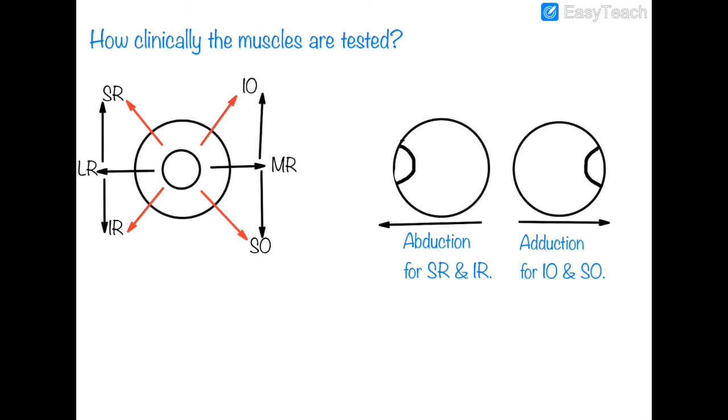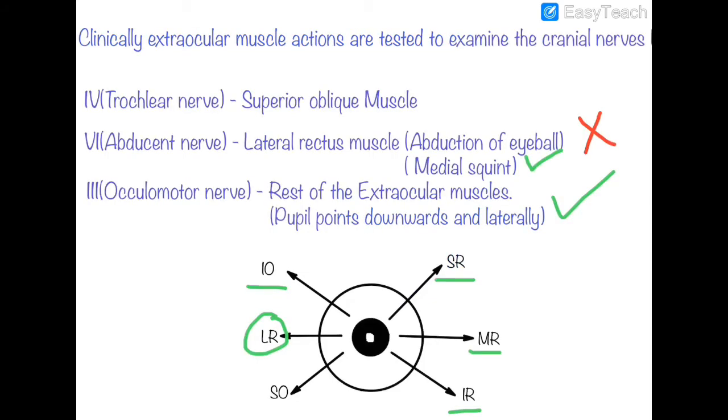First, let us take the example of the superior rectus and the inferior rectus. To test the superior rectus and the inferior rectus, first the examiner asks the subject to abduct his eyeball.